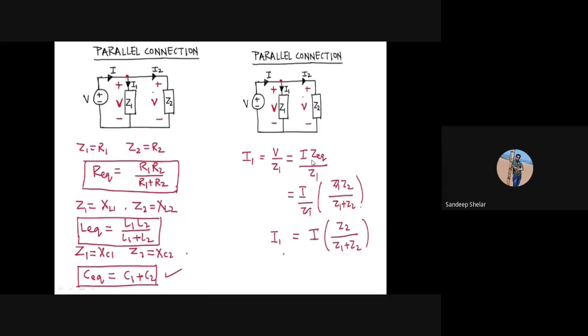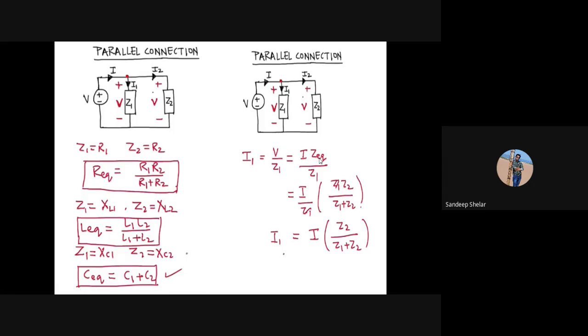Okay. Then current I1 is the current flowing through impedance Z1. Then I1 is equal to supply voltage V upon Z1. But V is equal to IZ. That means V is equal to I into Z equivalent.